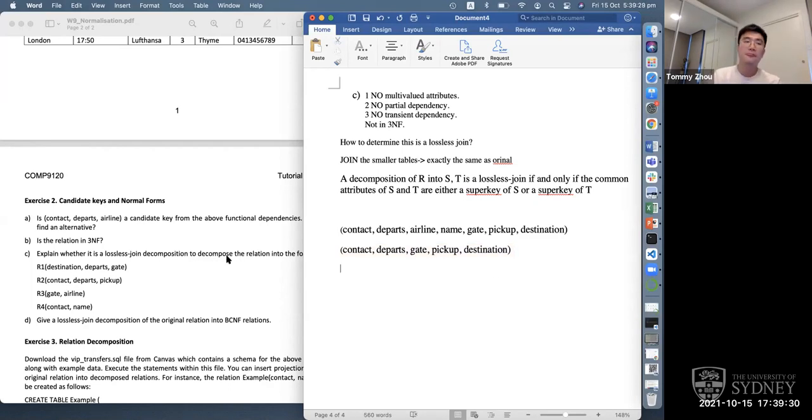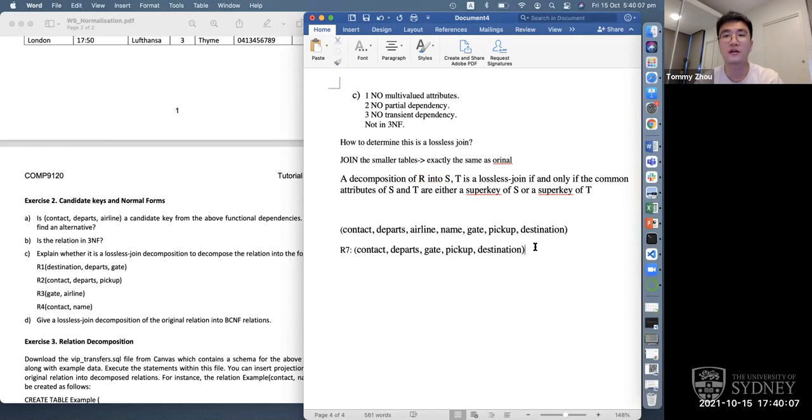So can we do that? You may want to refer to the definition in there. Let's say this is R7, let's give it a name so that we can refer to it more easily. A decomposition of R7 into R1 and R2 is a lossless join if and only if the common attributes of R1 and R2 are either a superkey of R1 or a superkey of R2, right?